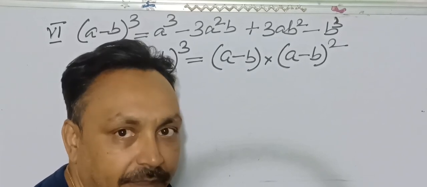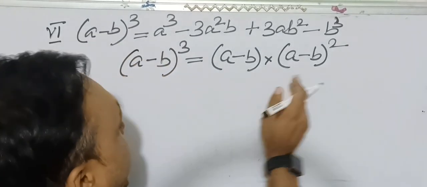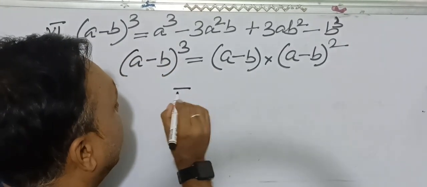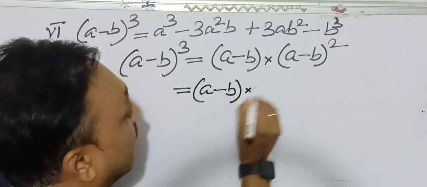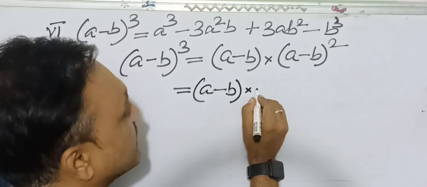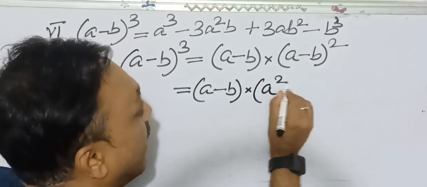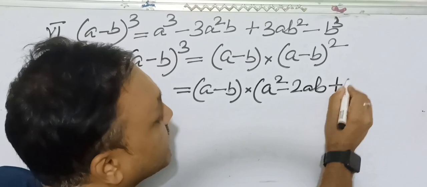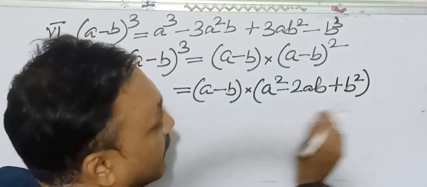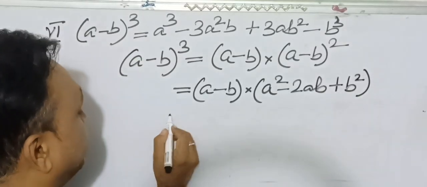You can check it from there. But here I will write directly the identity: (a − b)² is equal to a² − 2ab + b². Is it all right? Okay.